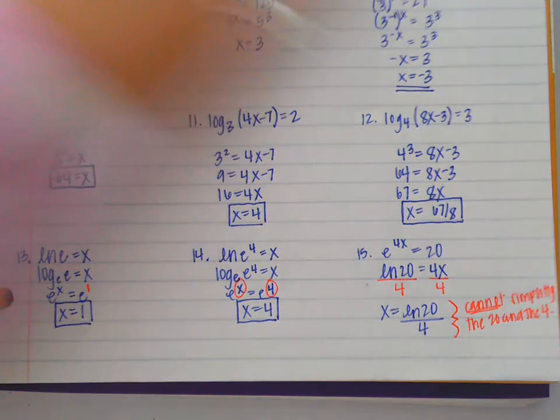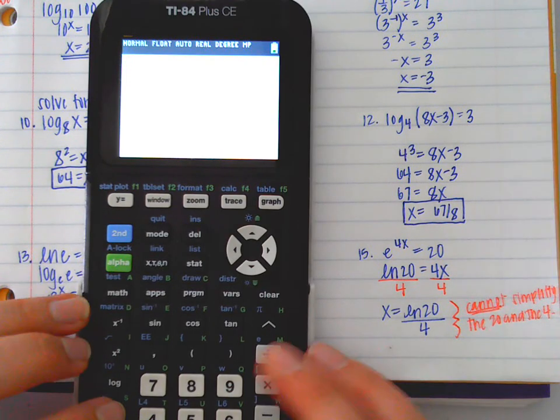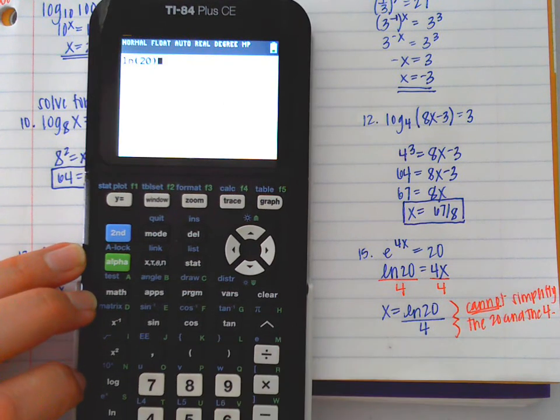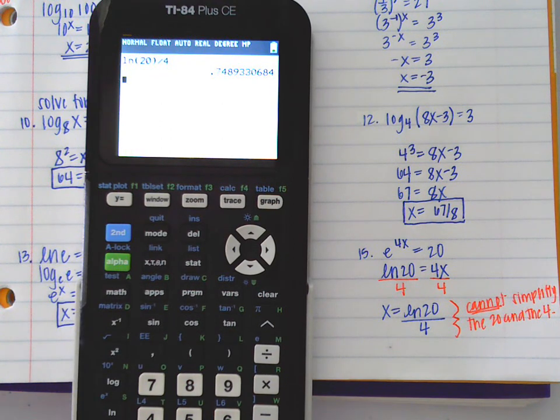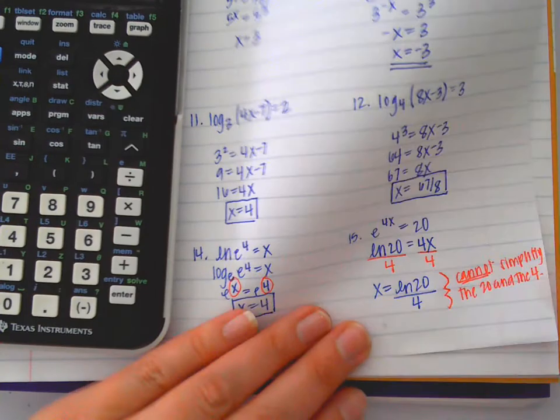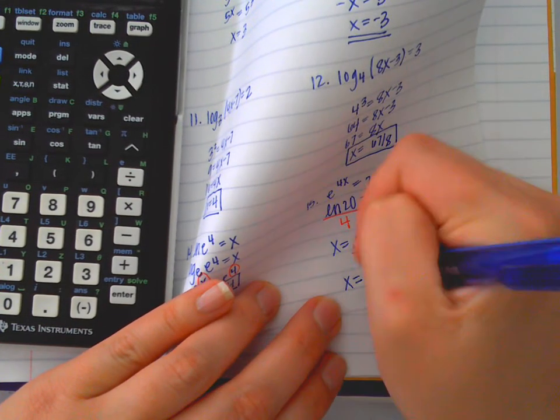If I were to type that entire thing into my calculator, I would do ln of 20, put a parenthesis, divided by 4. If you don't close the parenthesis, you will not get the correct answer. So you need to make sure you end the parenthesis when you're doing an ln or a log. So x here is equal to 0.75.